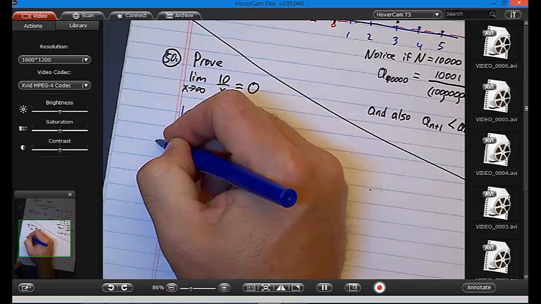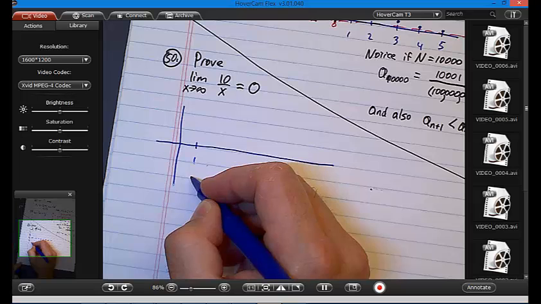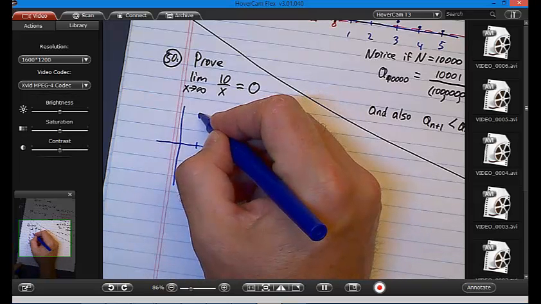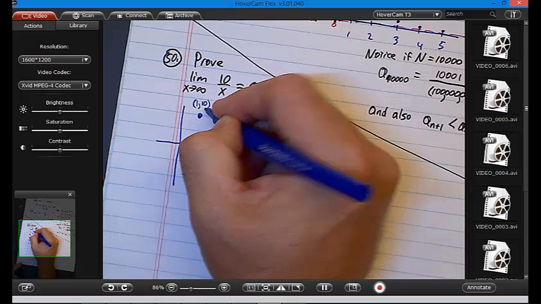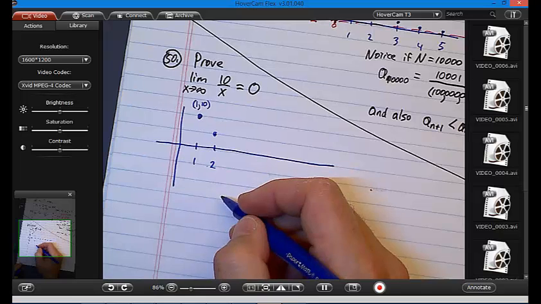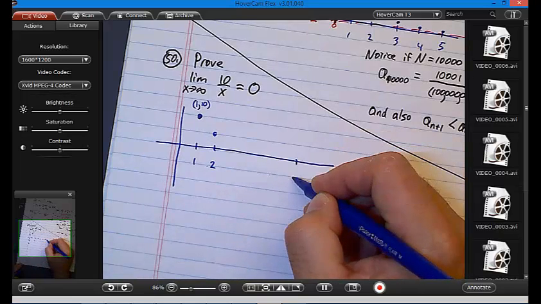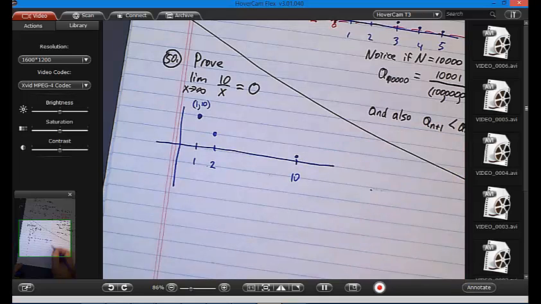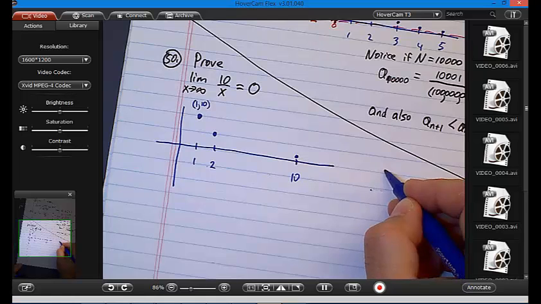Here, let's plug in some values for x and graph this. If I plug in a 1, I'm at 10. So there's the point 1 comma 10. If I plug in a 2, I'm at 5. I'm halfway there, right? By the time I get out here to 10, I'm finally down to 1. In order to get to a half, I've really got to go to 20.